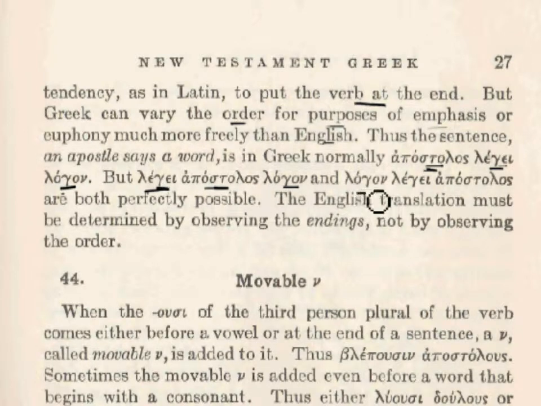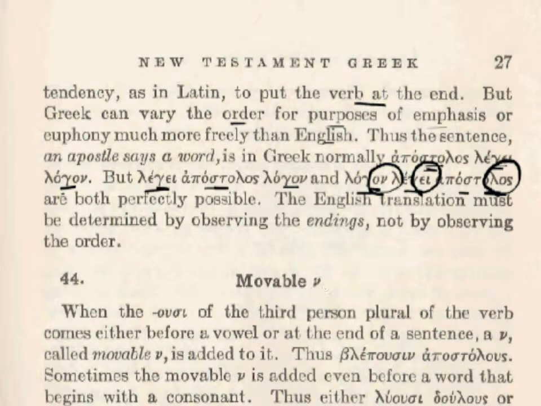You might have logon, a word, lege, he says, an apostle. It's very important, therefore, to keep an eye on the endings, because it's by looking at the endings that you figure out that apostolos is in the nominative and is therefore the subject of the sentence, and that logon is in the accusative and therefore is the direct object of the verb lege. So just keep that in mind.